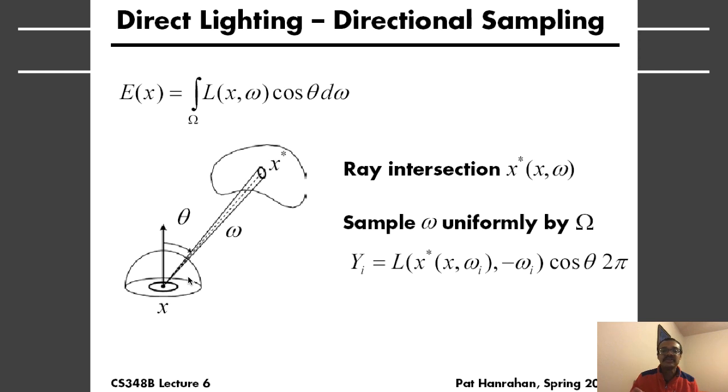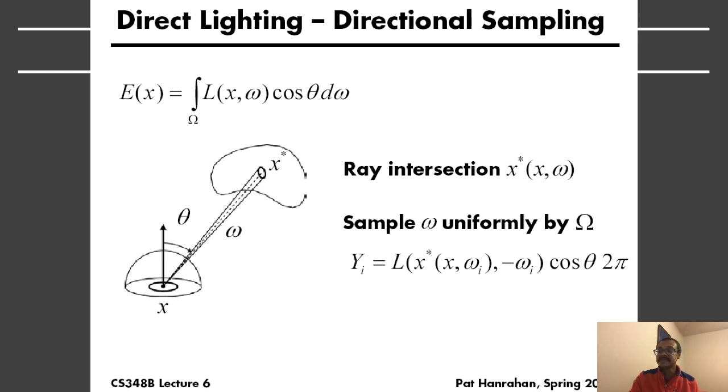Remember that I said you have to normalize by taking the function value and dividing by the probability. The division by 1 over 2 pi leads to this multiplication by 2 pi here. Apart from that, this is simply the function value L and cos theta. Now, the value of L here is the radiance coming from the point you hit, which is x star, in the direction of minus omega n.